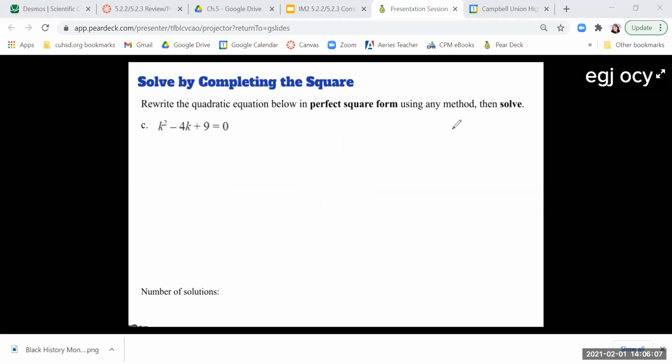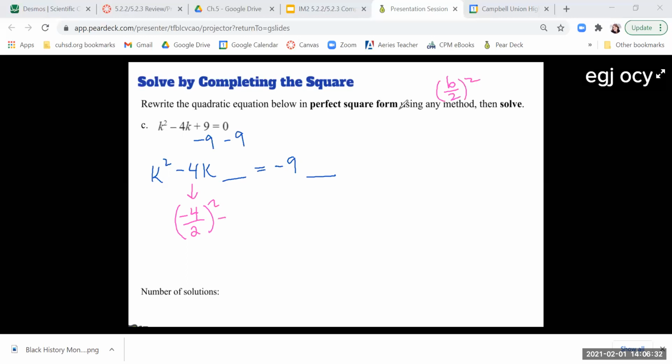Okay, so I'm going to subtract 9 on both sides. So I have k squared minus 4k, leave a bunch of space, equal to -9. So I'm going to just leave spaces here and here. Now I'm going to take this -4 and divide it by 2 and then square it. Because remember, b over 2 squared is our little formula.